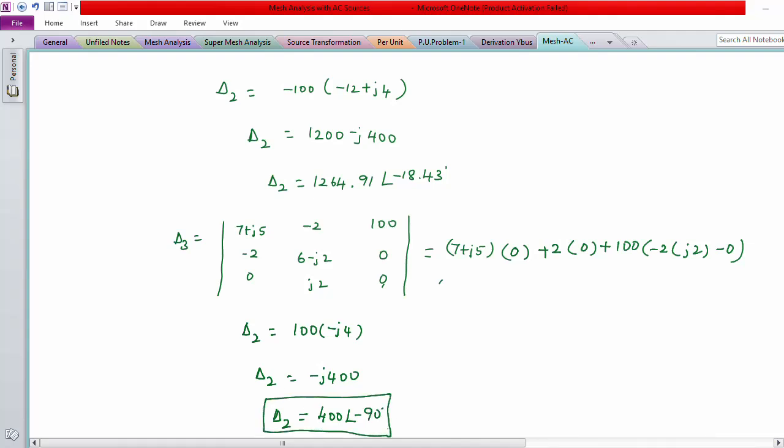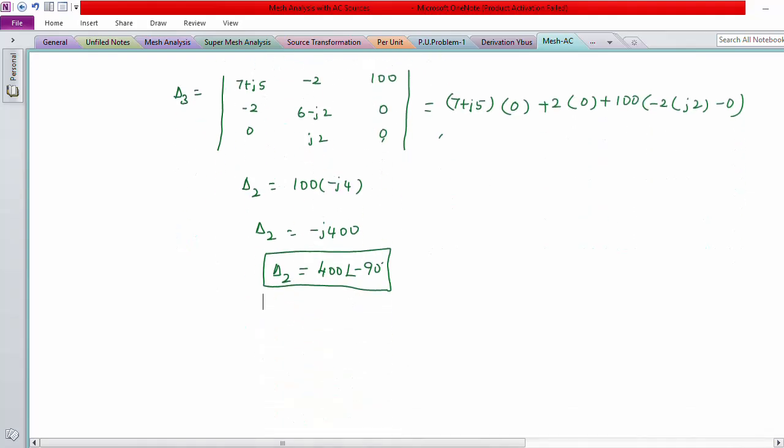Now we have determined all the values of delta 1, delta 2 and delta 3. Now we can determine the values of I1, I2, I3. So I1 is equal to delta 1 divided by delta.